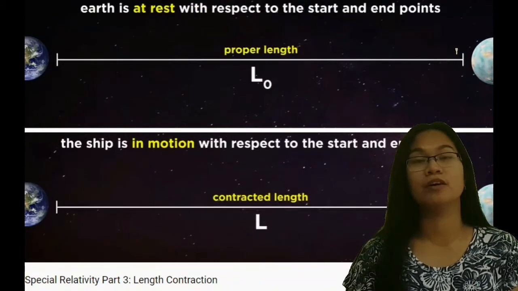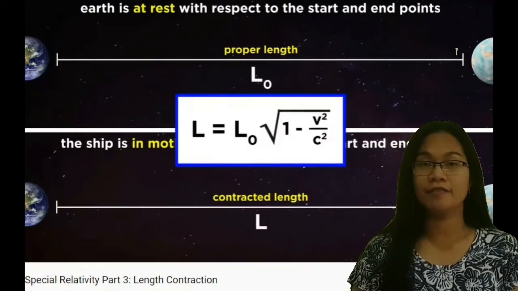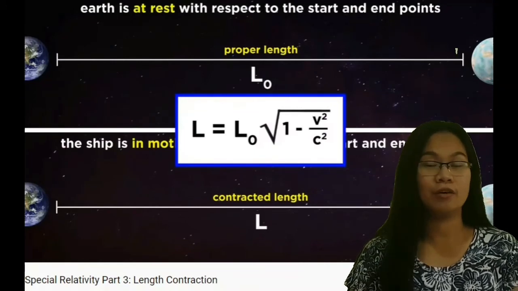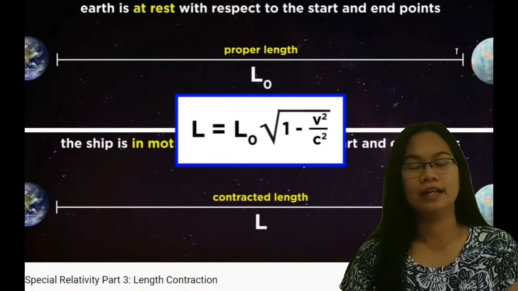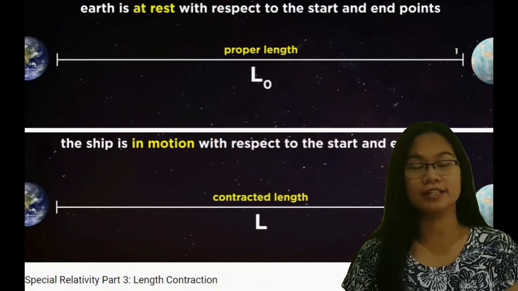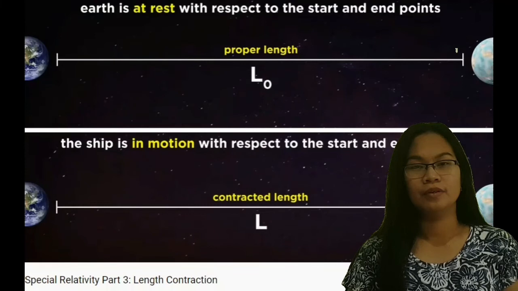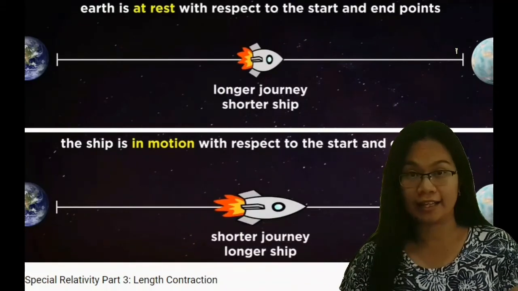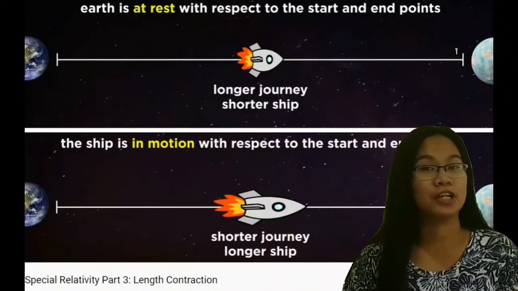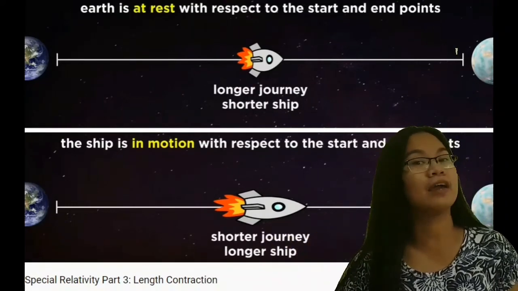But for a moving observer inside a spacecraft, the length that he or she will observe will be L, and is affected by the relative velocity. So how do you compare L naught and L? So that will be length contraction. And then let's go and derive the equation.